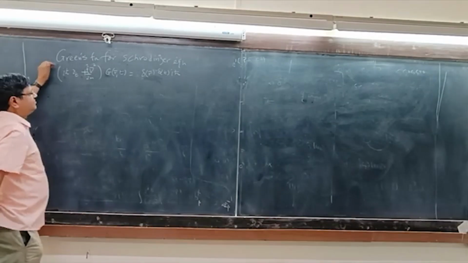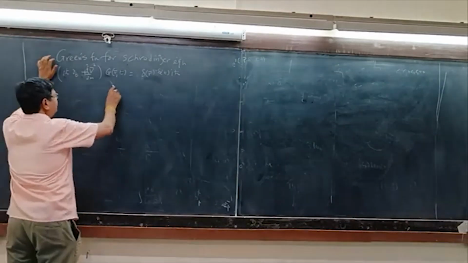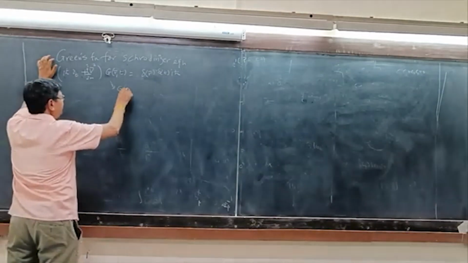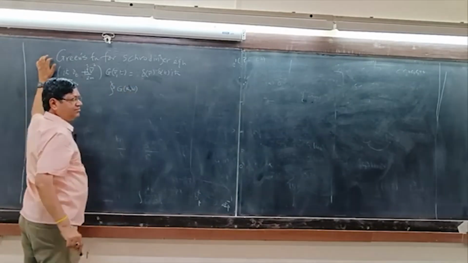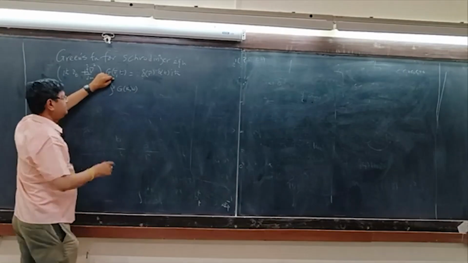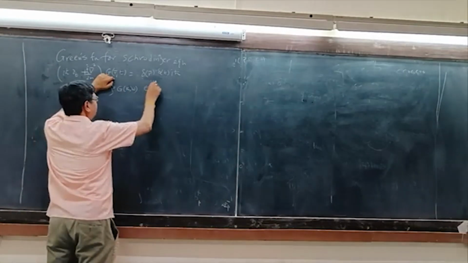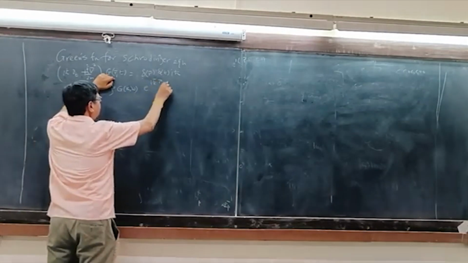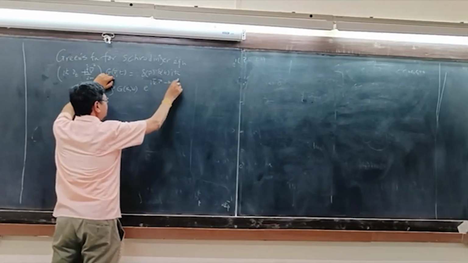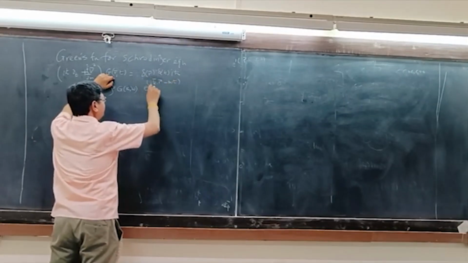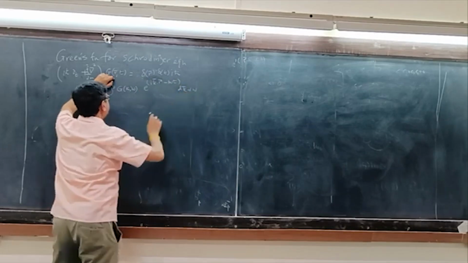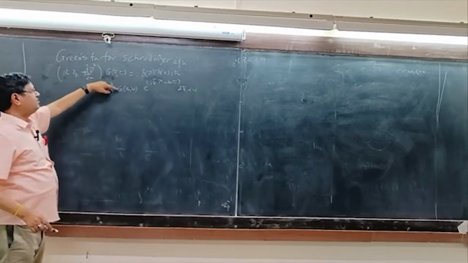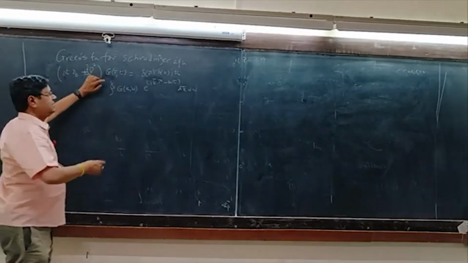So in the Fourier space, we write this as g of k, omega. So this is g of r, t, in Fourier space, e to the power i k dot r minus i omega t, dk d omega. So this is my conversion to g of r, t.